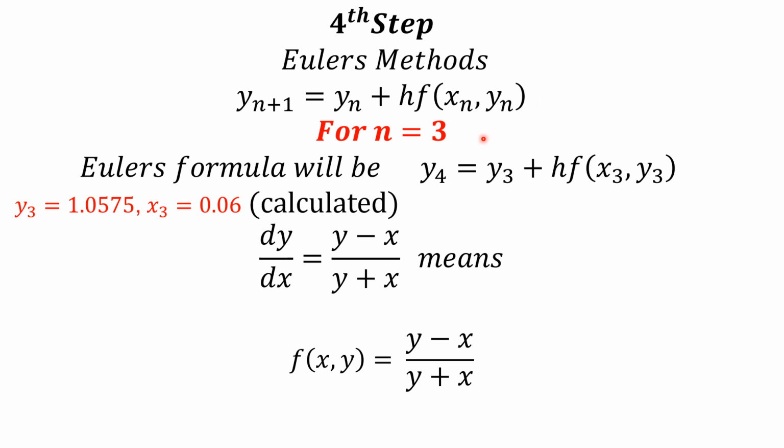The function we have to calculate first. x3 we already calculated, y3 we already calculated. Put the values, and we can calculate the value of y4 here also. x4 means adding one more step to the value of x3, and that will give y4.